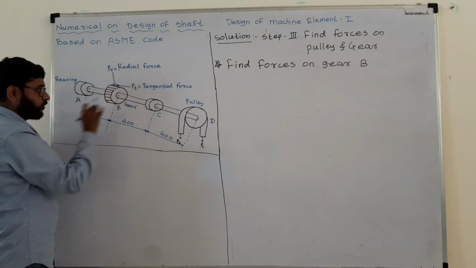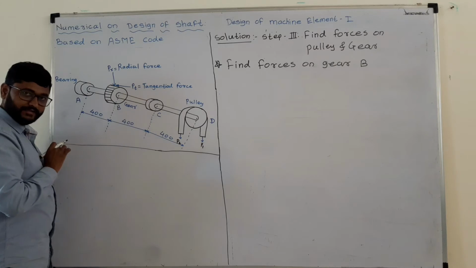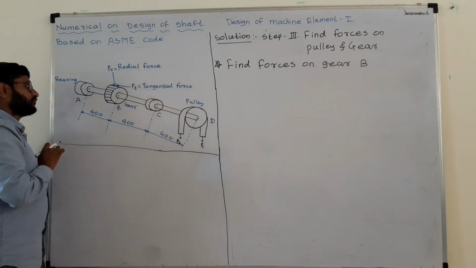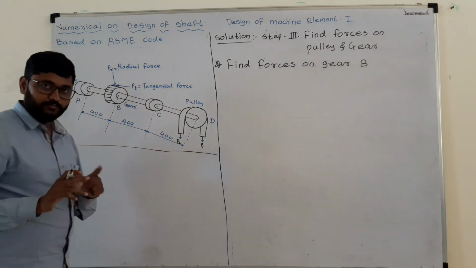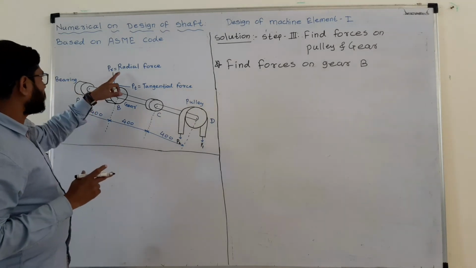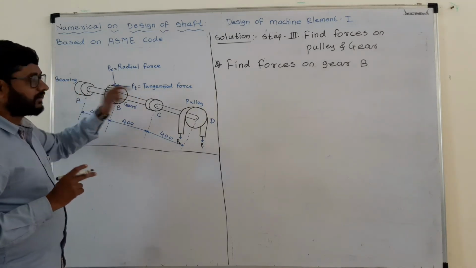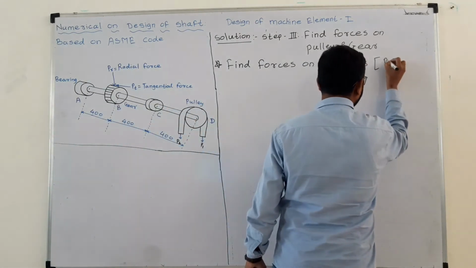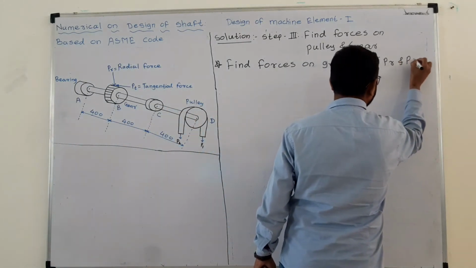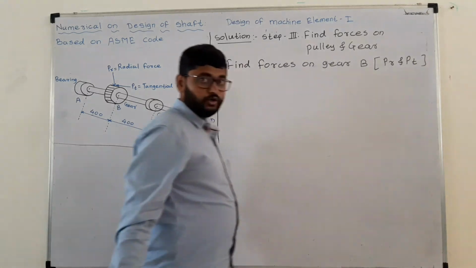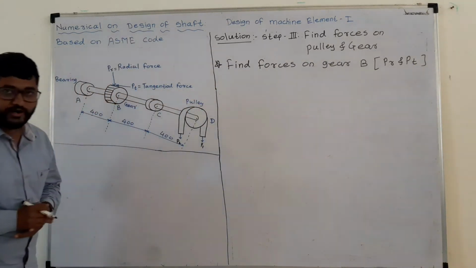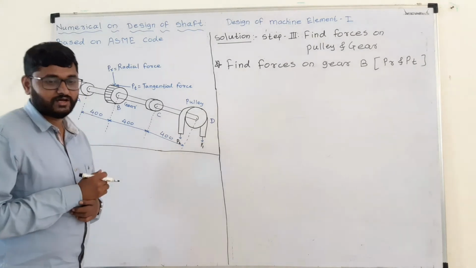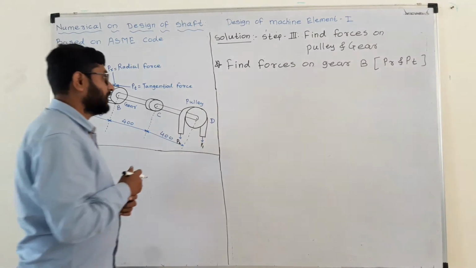PR is a radial force, PT is a tangential force. So our aim is to find, first of all, the radial force and the tangential force, that is PR and PT. So students, how do we find the forces on the gear, PR and PT?